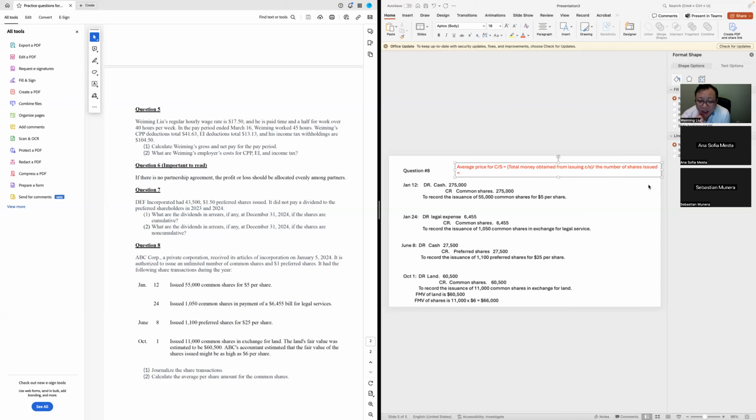Does this make sense? Yes, it does. Okay, so can you guys tell me what is the total amount of money they received from issuing common shares? So January 12th, 275,000 plus the legal fee, right? The legal fee is 6,455. Plus June 8th.